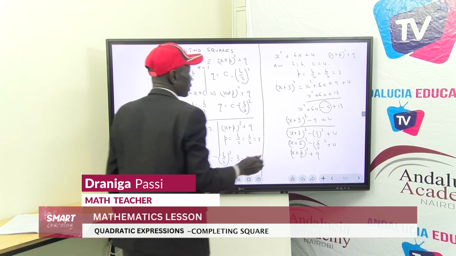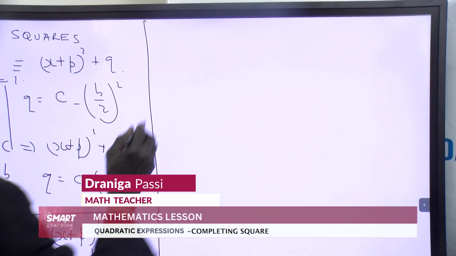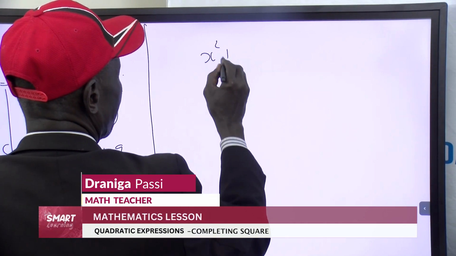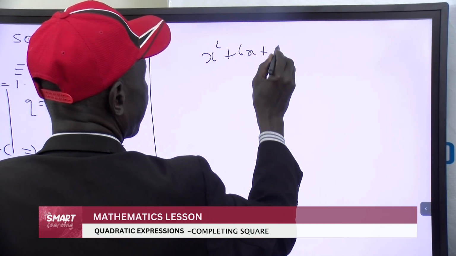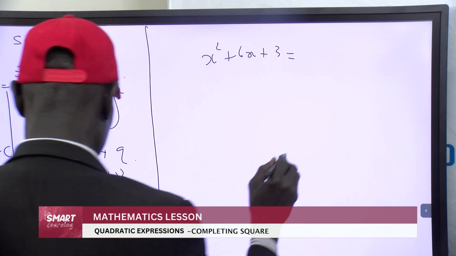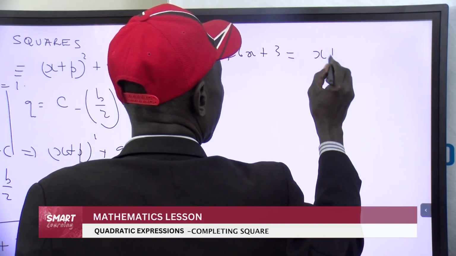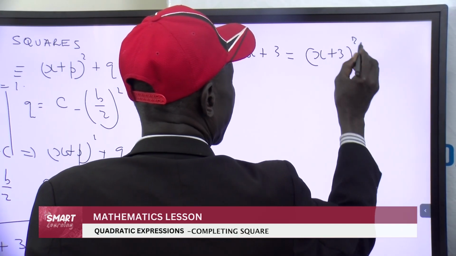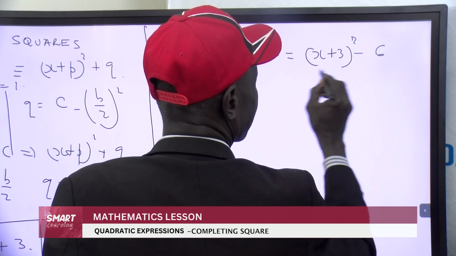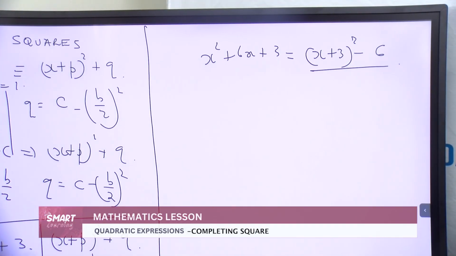So my x squared plus 6x plus 3 is going to be equal to x plus 3 squared minus 6.